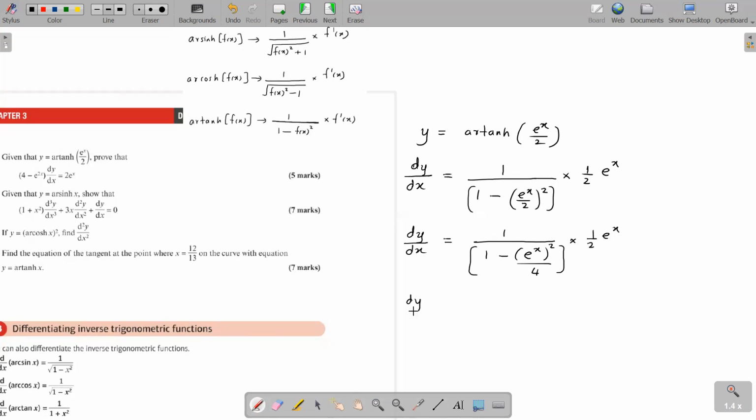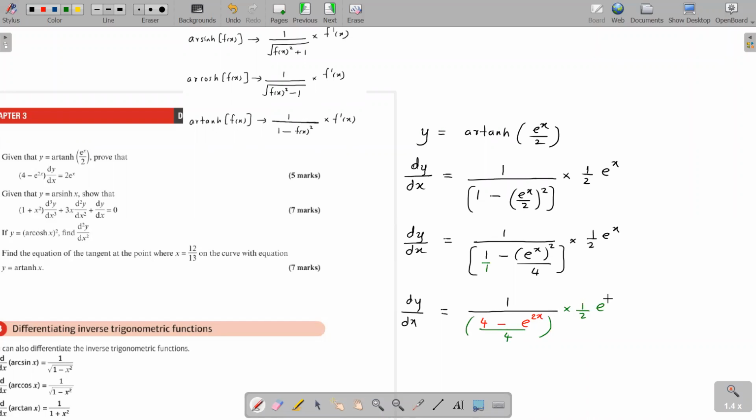Dy by dx equals 1 over, I can take the common denominator here, so I multiply this with 4. So I get 4 minus x squared.